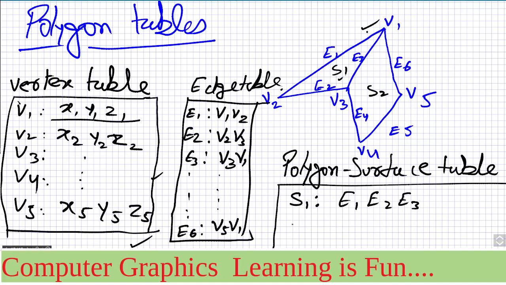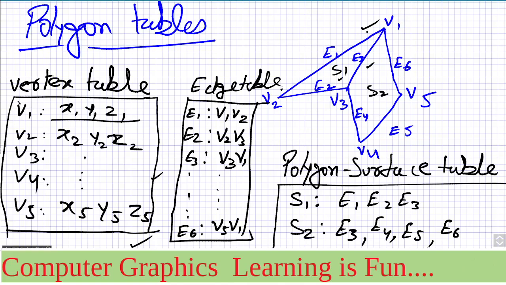Another surface is S2, and it has E3, E4, E5 as well as E6. This is another surface.